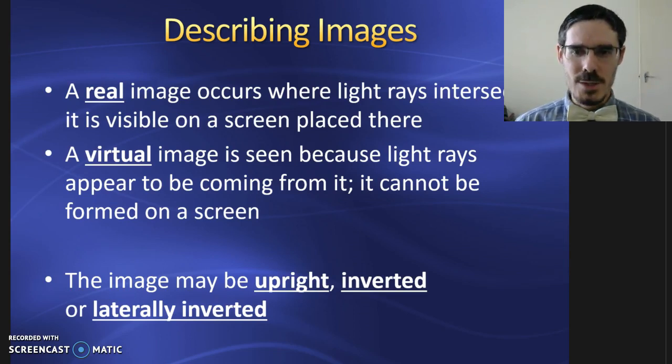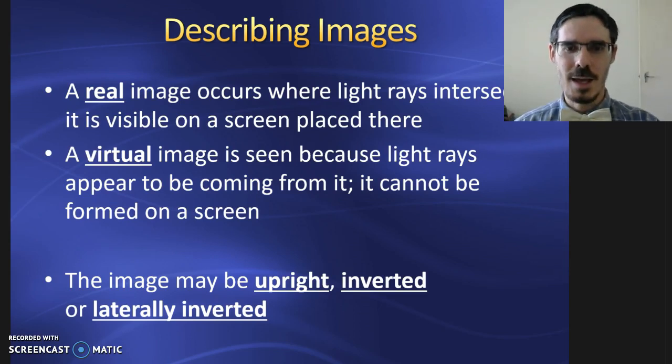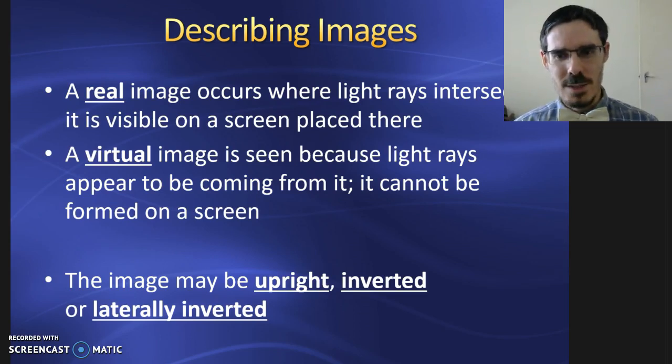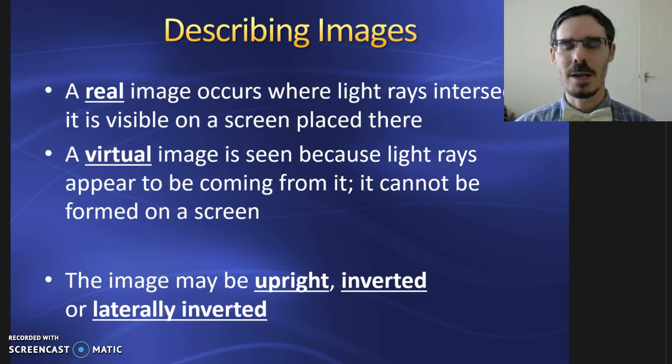A virtual image is where light rays seem to be coming from, but you can't actually put a screen there and see the image on the screen because the light rays themselves aren't actually travelling through that point. Now, this distinction will become clearer once we start drawing some ray diagrams.